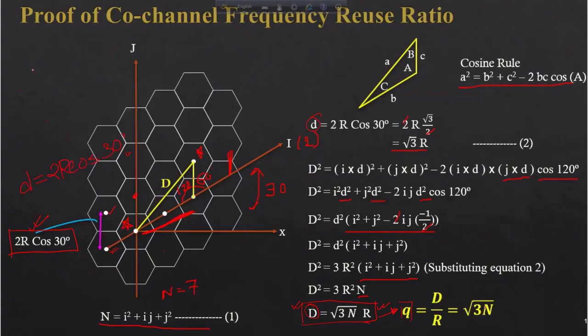You have to just apply this formula. You know that if this is 90 degrees, say for example, one triangle like this, this is 60 degrees, this is 30 degrees, and this is 90 degrees.